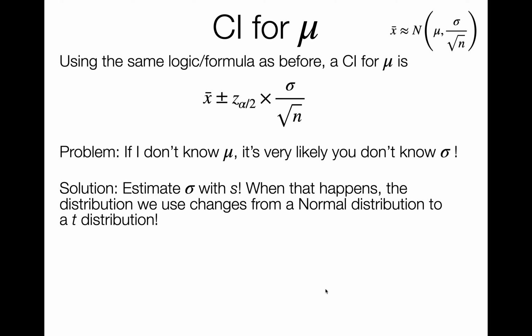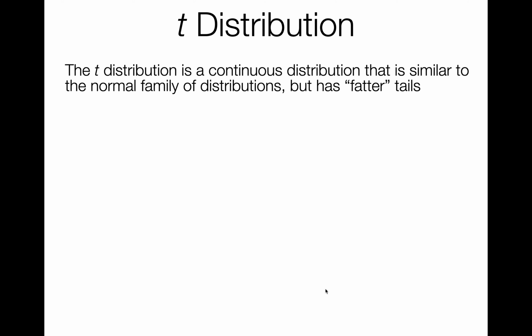You may or may not have read about the t-distribution in our readings, but let's look at it. It's a continuous distribution that's very similar to the normal distribution, but it has what's called fatter tails.